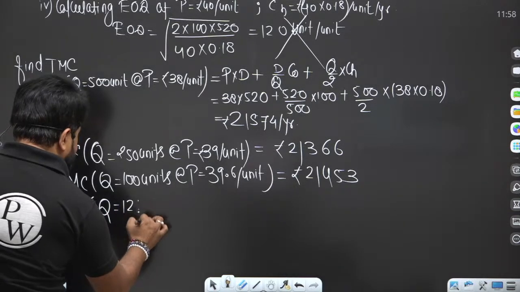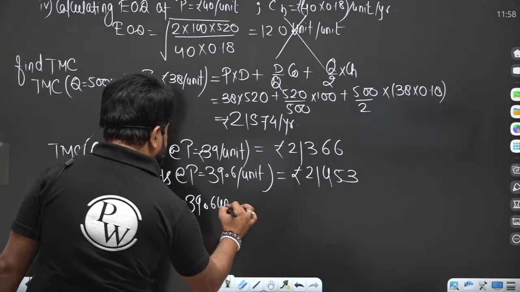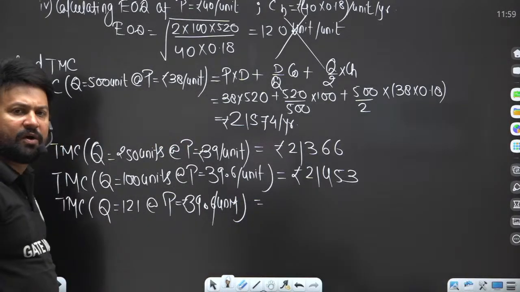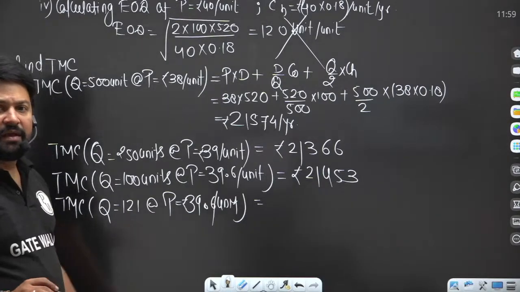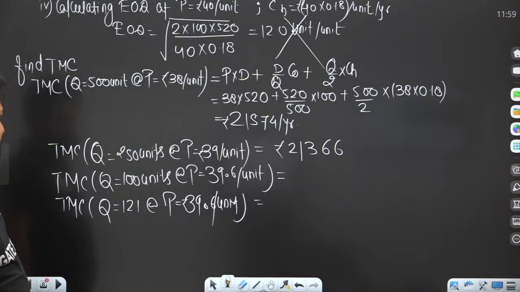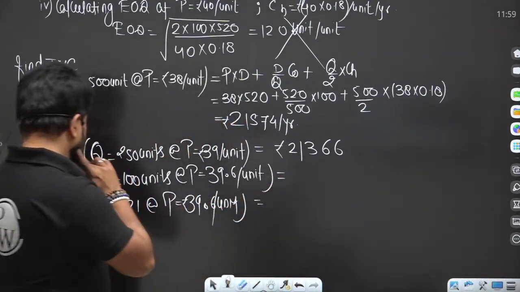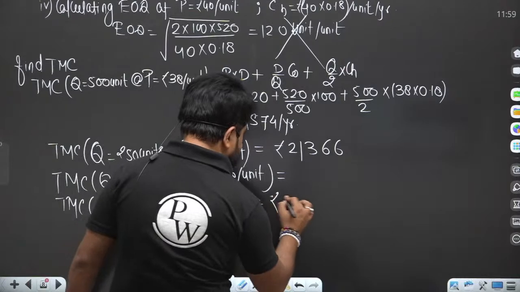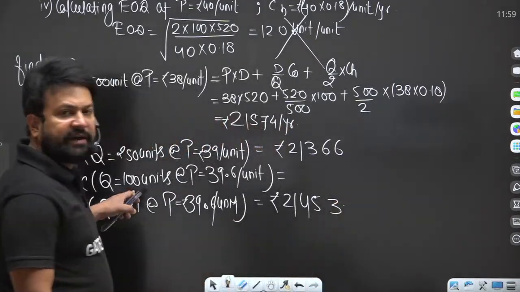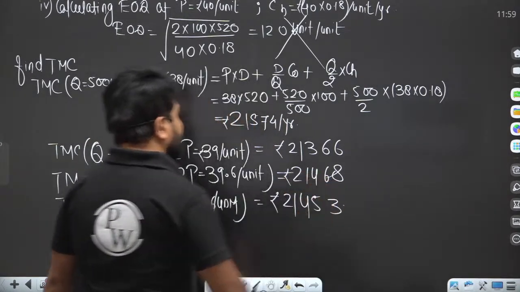So Q equal to 121 at 39.6 per unit will become 21453, and for 100 units it will become 21468.